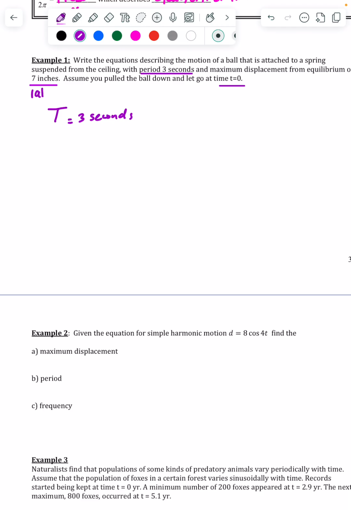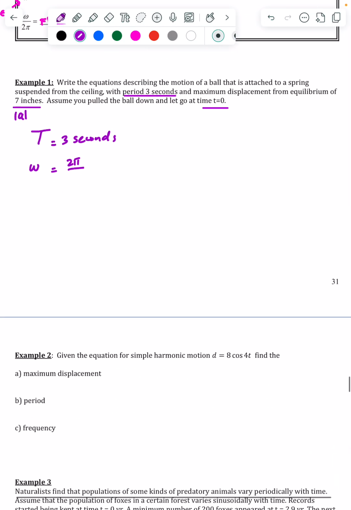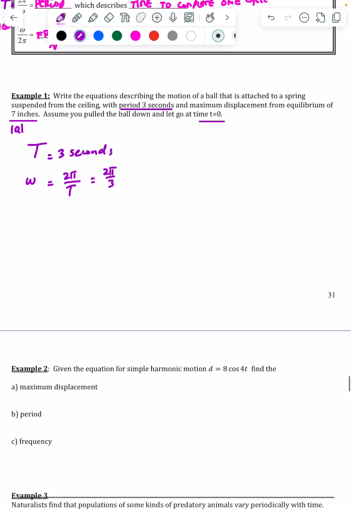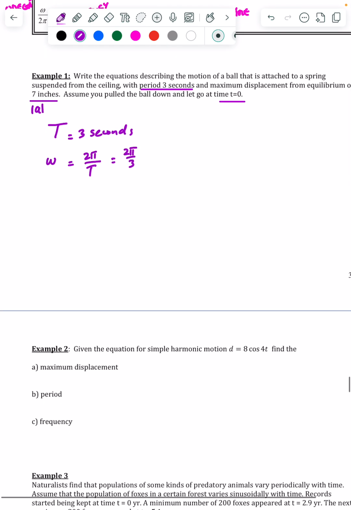We also know that omega is 2 pi over T, where T is the period, so omega is 2 pi over 3. Now keep in mind, omega describes how many radians we have per second.